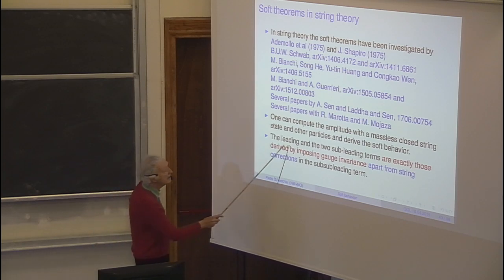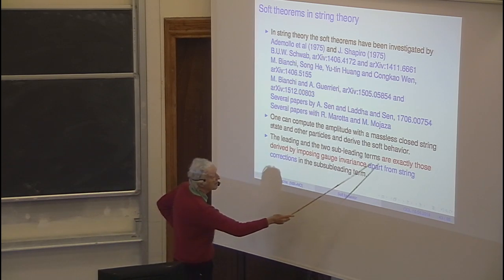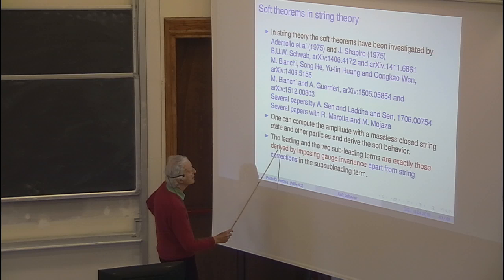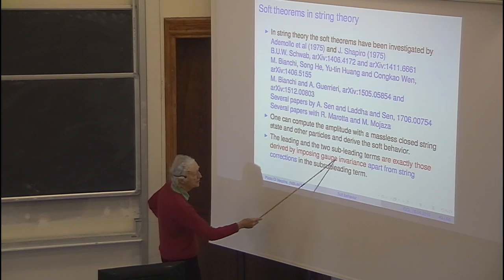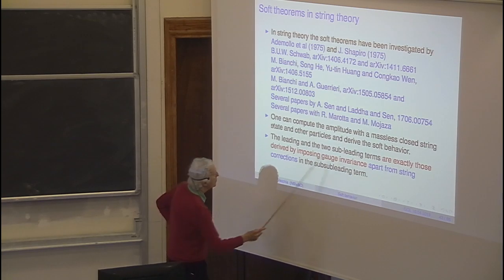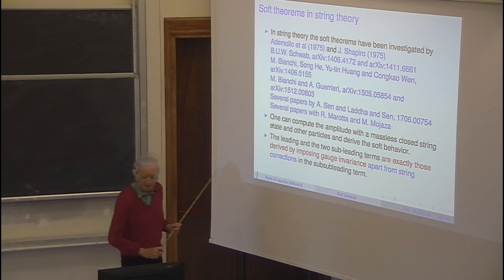The leading and the two sub-leading terms are exactly those derived by imposing gauge invariance, apart from string corrections in the sub-sub-leading term.